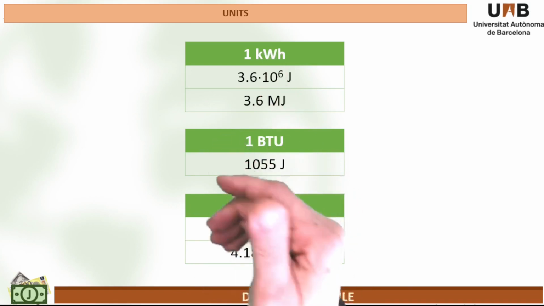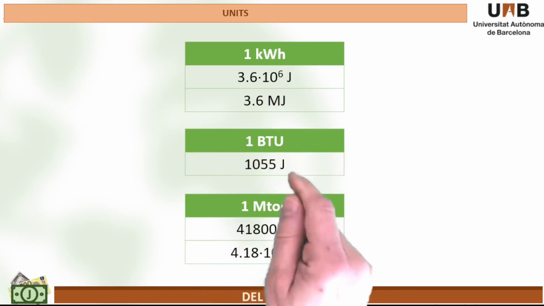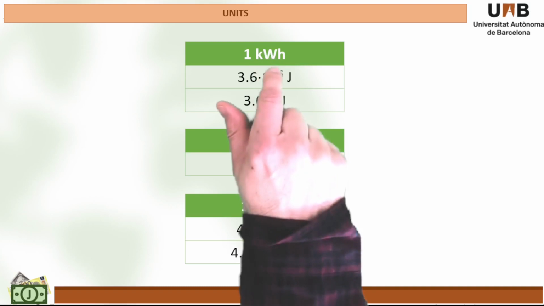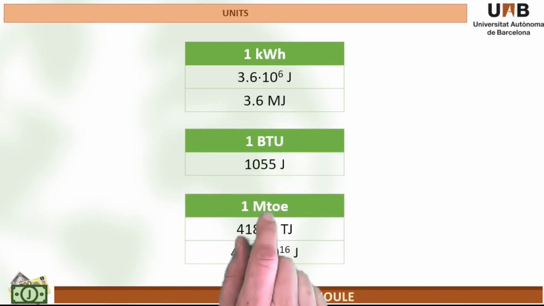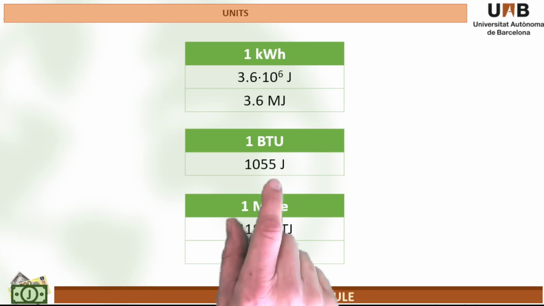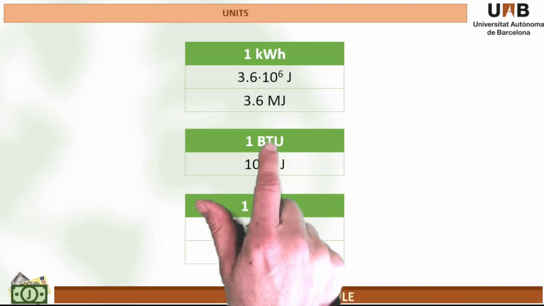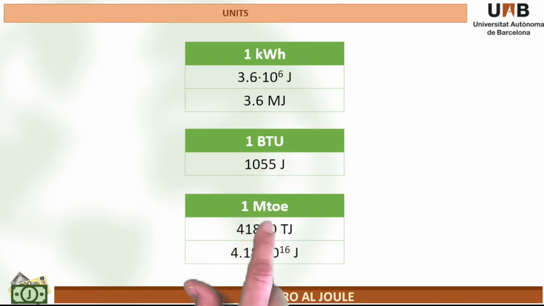joule, but they use other units, like for example the kilowatt hour, because it's the traditional unit to talk about energy when we are working with electricity. And we also have the British thermal units and the millions tons of oil equivalent.